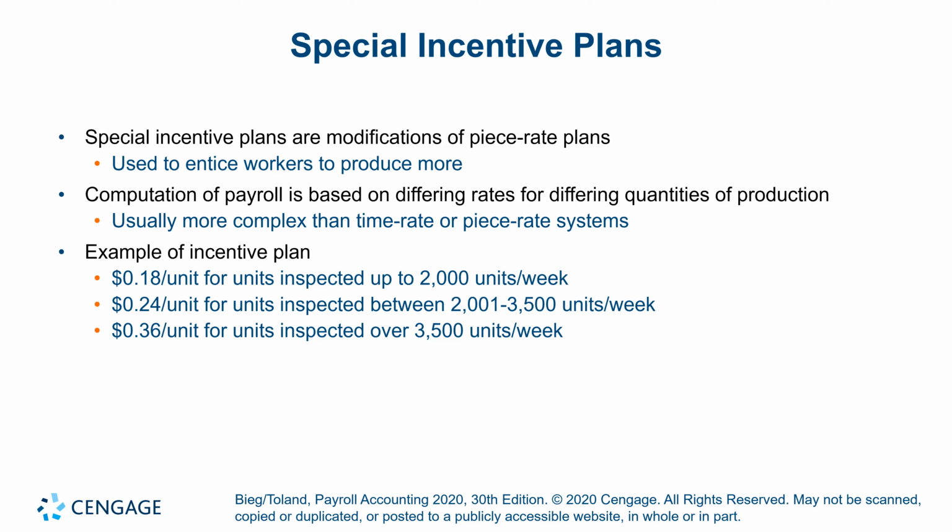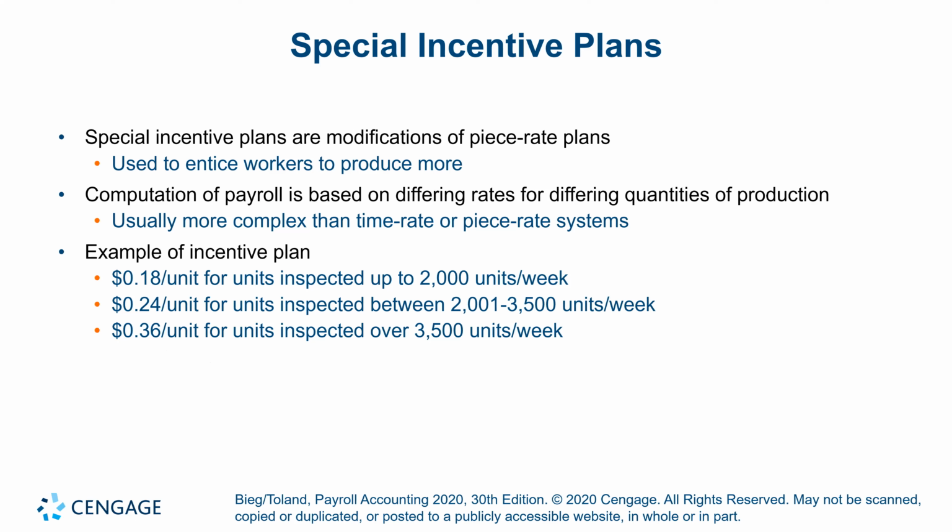This could also be applied to individuals that earn a salary, but maybe they have a sales quota. If they make sales between 10 and 15,000, they get paid their normal salary. But if they make sales between 15 and 20, they get a 10% bonus, or 10% commission, whatever.